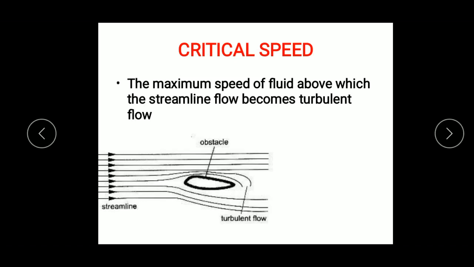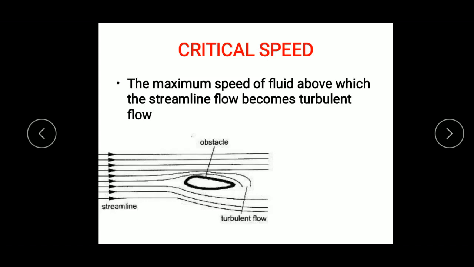Here the fluid can possess a streamline flow only when its velocity is less than the limiting velocity, that is called the critical velocity. As we have seen, there are two important types of flow of fluids: one is the streamline flow and another is turbulent flow.